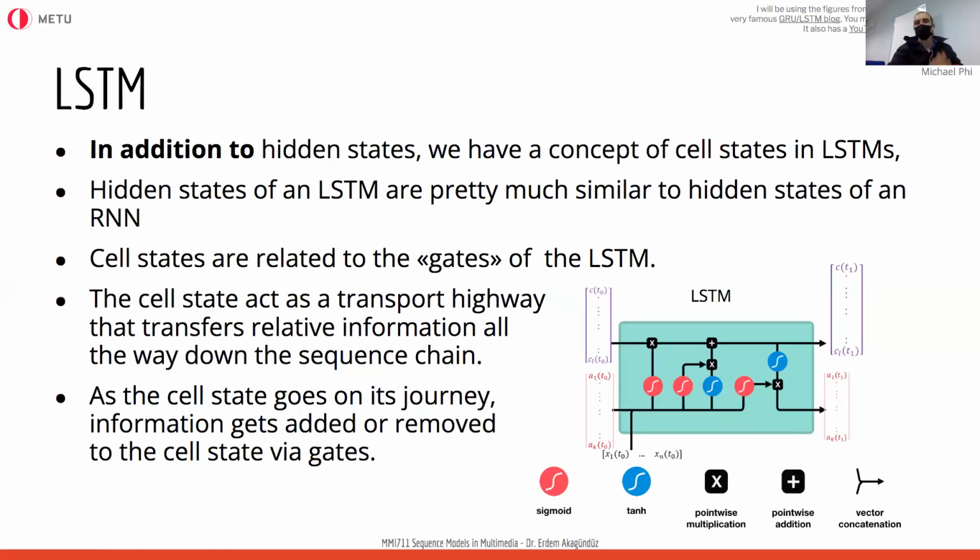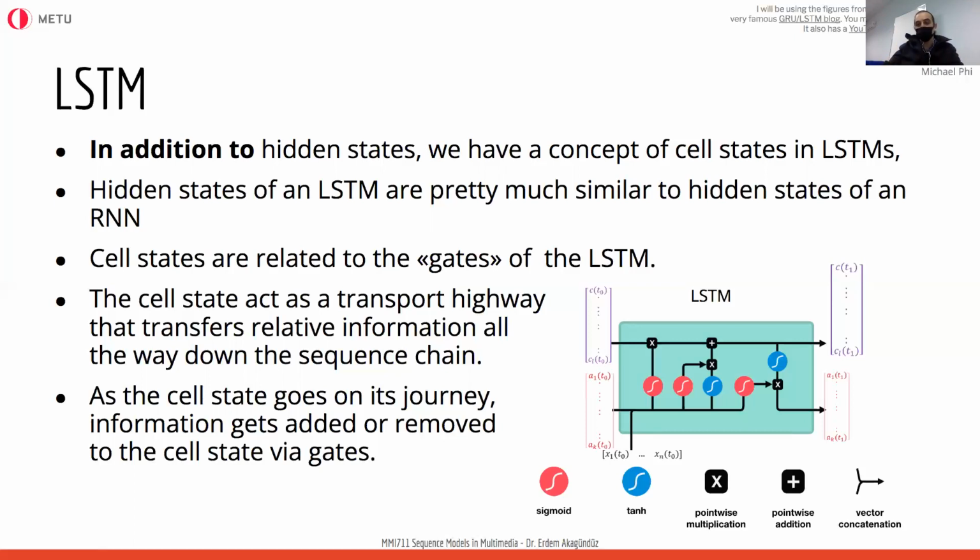Its main difference from an RNN is, in addition to the hidden state of the RNN, like this one, there is another state vector. So LSTM has 2 separate state vectors: the hidden state and the cell state. The hidden state is kind of similar to RNN, but the cell state is a state of memory.